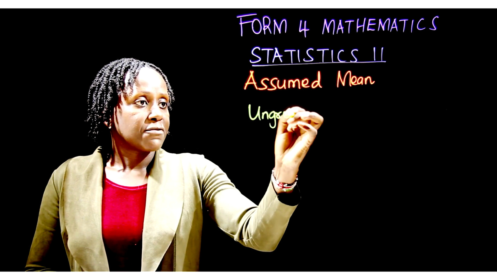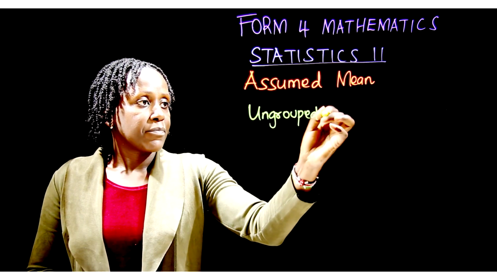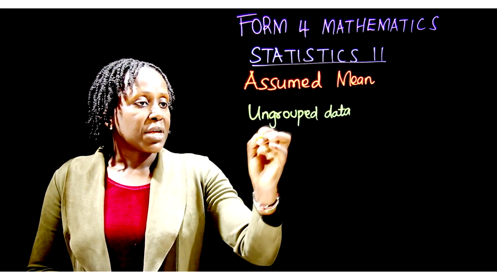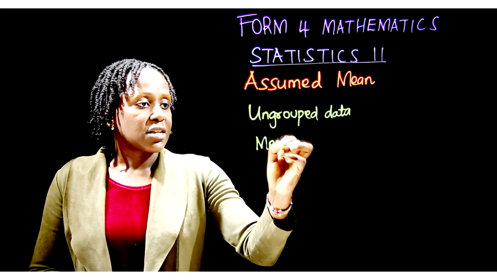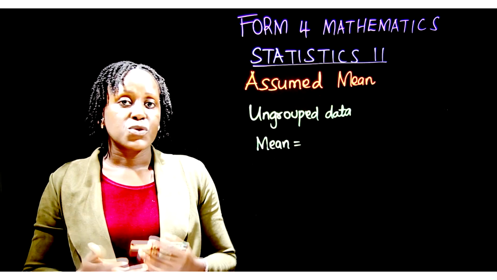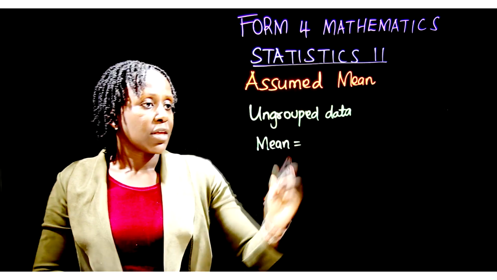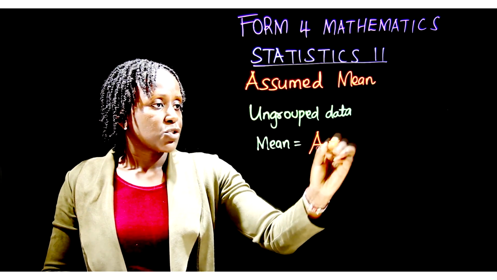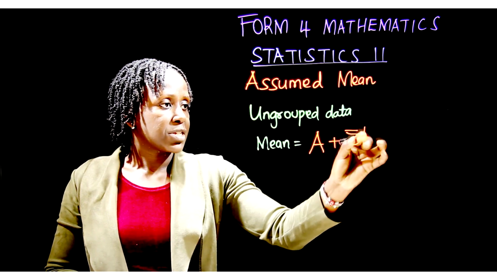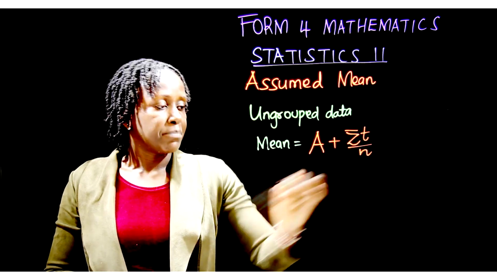In case you have ungrouped data, the actual mean is given by the assumed mean plus the summation of t divided by n.